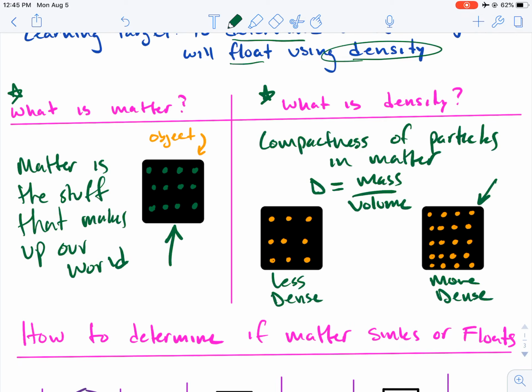And this makes sense because, remember, density is all about compactness. So if we just take a look at these, they're the same size cube. This one has a lot more compact particles than this one, therefore this one over here is going to be more dense. Basic review of density.